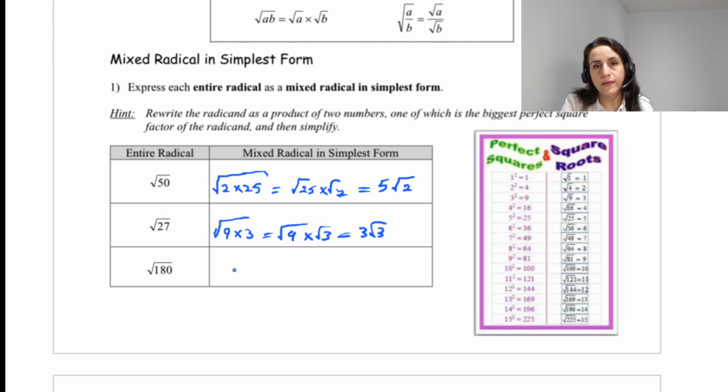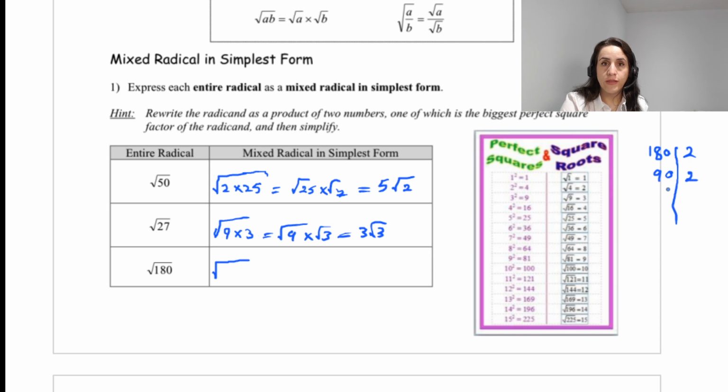How about radical 180? 180 is a little bit bigger number compared with the other two examples. I'm just thinking what I can write for it. Let's see. I'm going to use this here to simplify 180. 180 can be divided by 2, then it's going to be 90.